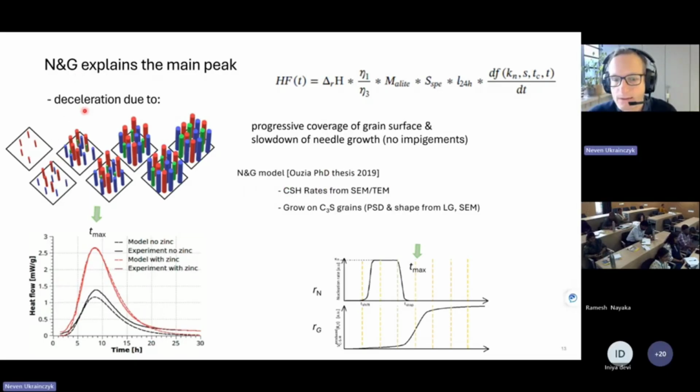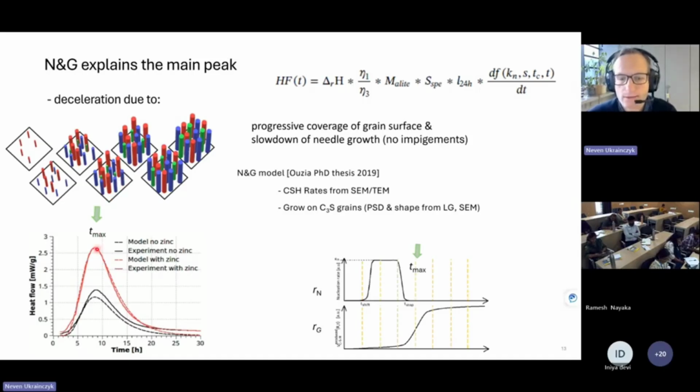And we have this deceleration, the peak is coming because those CSH crystals which grow on the surface are actually becoming saturated. There is no more space to nucleate more of these cylinders and grow.